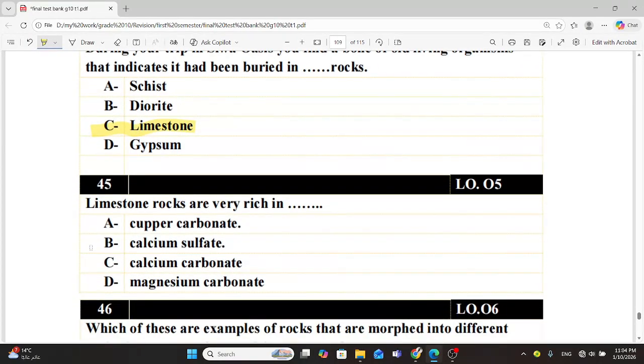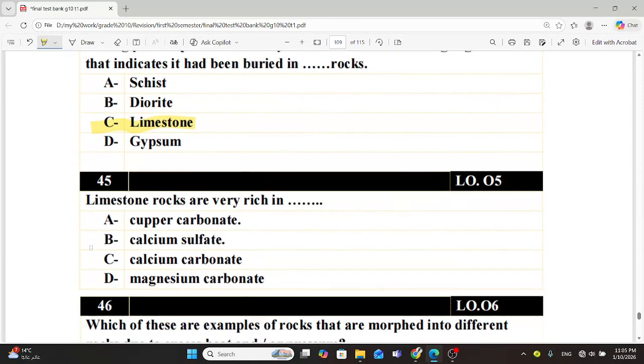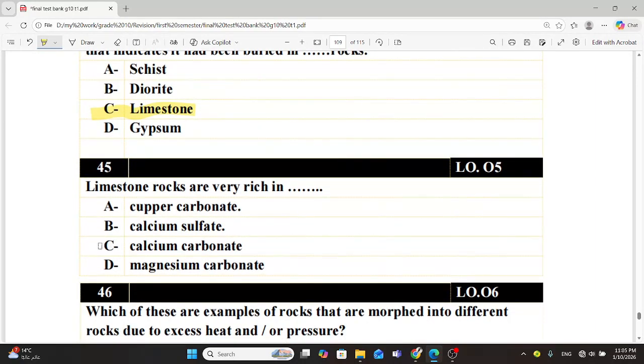Limestone rocks are very rich in calcium carbonate.